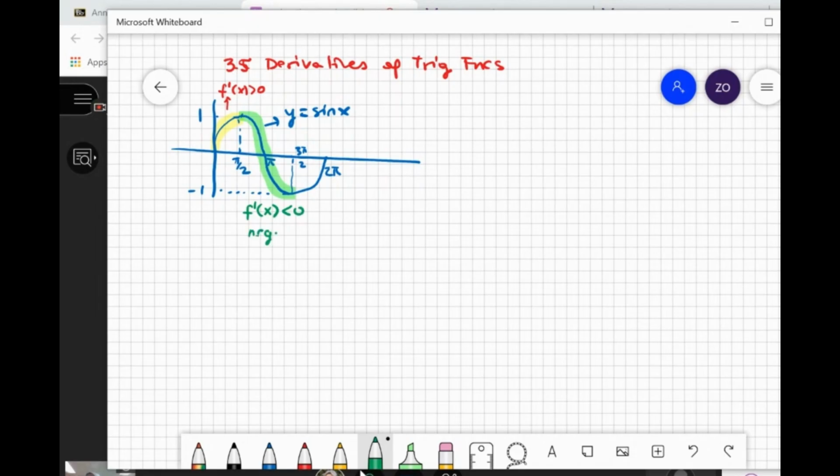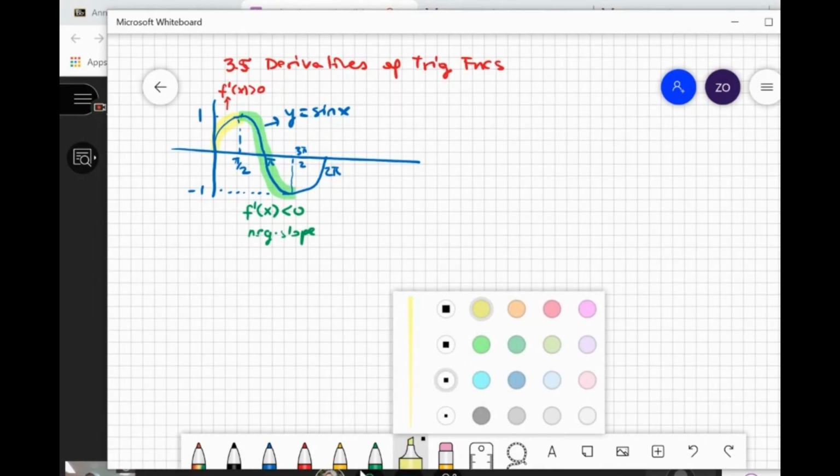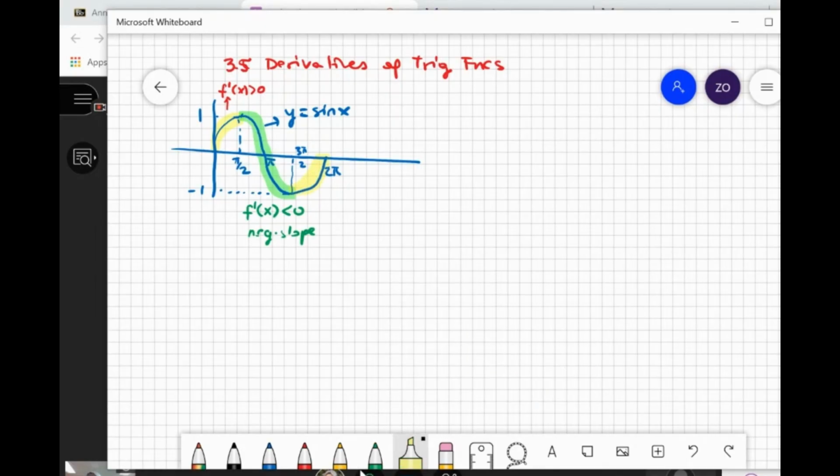It means it has a negative slope. The tangent lines at each point are negative. And lastly, from here to here the graph is again on the rise, so the derivative is greater than 0.